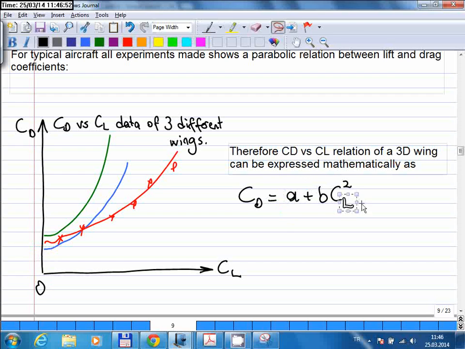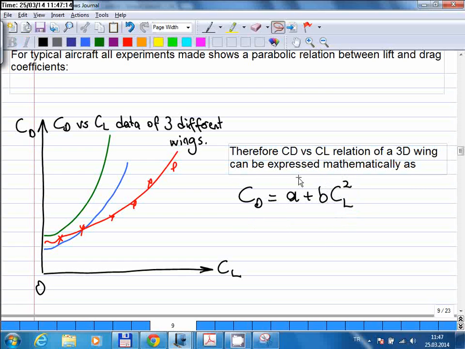So this is what you see in experiments, but there's a theoretical explanation for this as well. I'm not going to go into the details of that, but if you're interested, you can search online and you can read more about the relation between drag and lift coefficients.